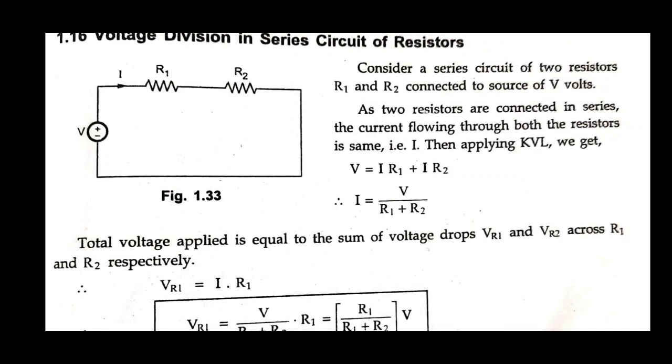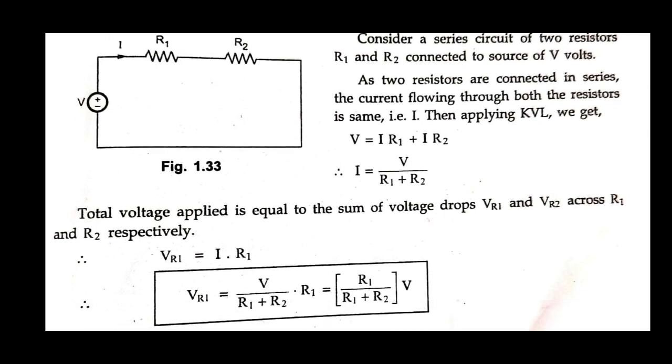So the total voltage applied is equal to the sum of the voltage drops VR1 and VR2 across R1 and R2 respectively. Now that we have calculated the total current I, you can substitute this value in VR1. So VR1 is equal to V upon R1 plus R2 into R1.